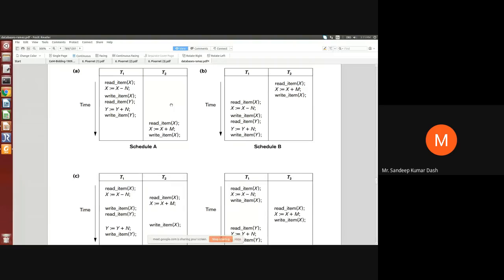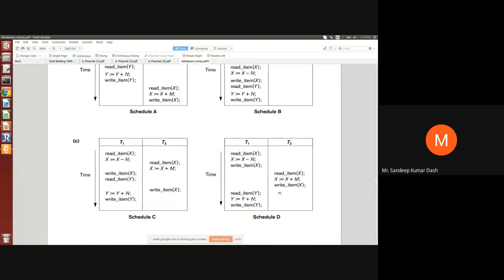But if you have interleaved schedules like this, which take the database from one consistent state to another, and also generate proper results while taking less time, then interleaved schedules of this type are preferred. So how do you differentiate between these two? That is, which schedule is better?